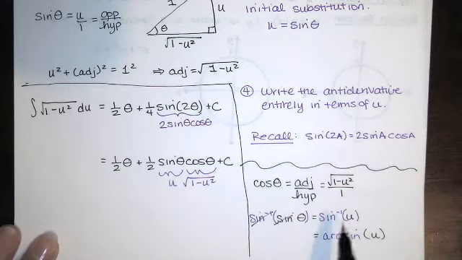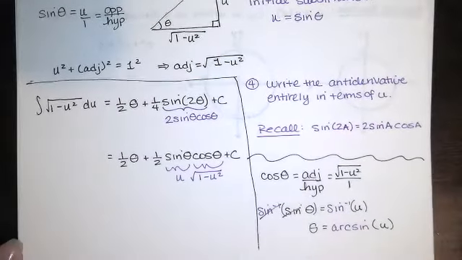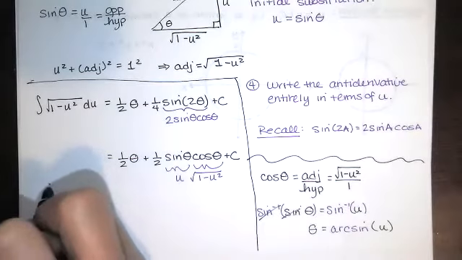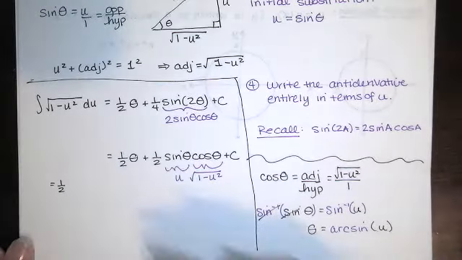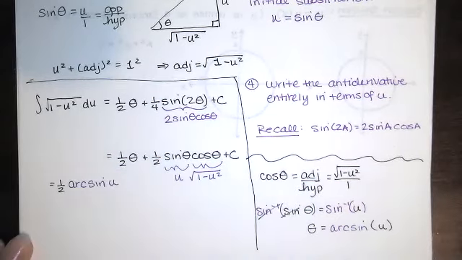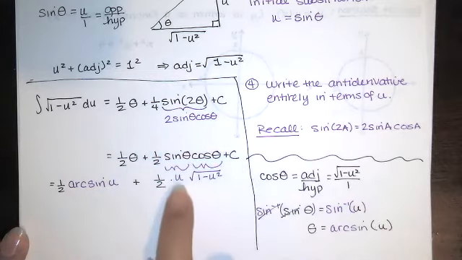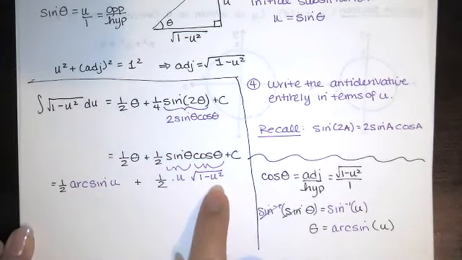And I'll use arc sine because inverse sine kind of looks like 1 over sine of theta, and it's not cosecant. That's not what we mean by that at all. So I'm going to use this notation instead. So theta turns out to be arc sine of u. And we'll substitute that there as well. So we've got 1/2 times theta, which is arc sine of u, plus 1/2 times u times the square root of 1 minus u squared plus c.